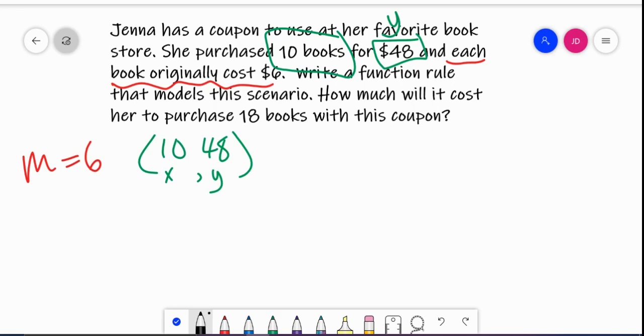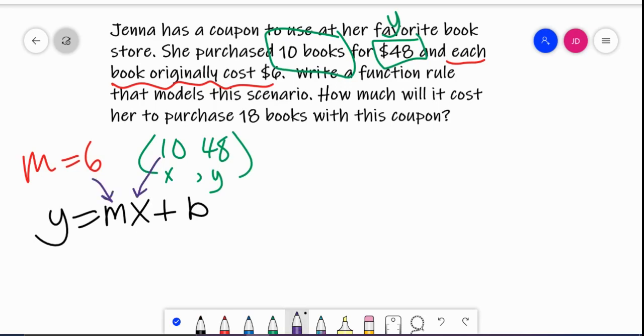And then, just like we've done before, when we're given the slope and the x and the y, we have to figure out what b is. What is the starting value in our slope-intercept equation? So I plug in 6 for m, 10 for x, 48 for y. So we have 48 equals 6 times 10 plus b.